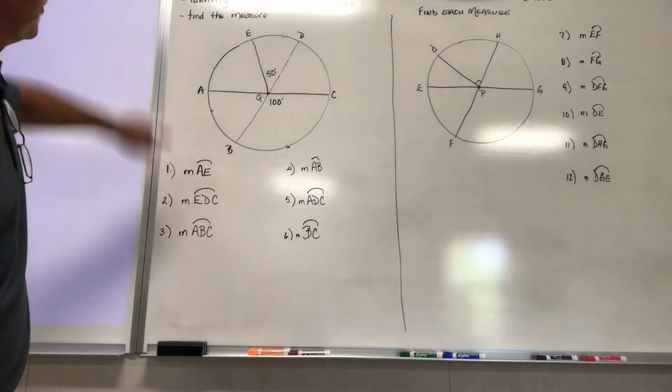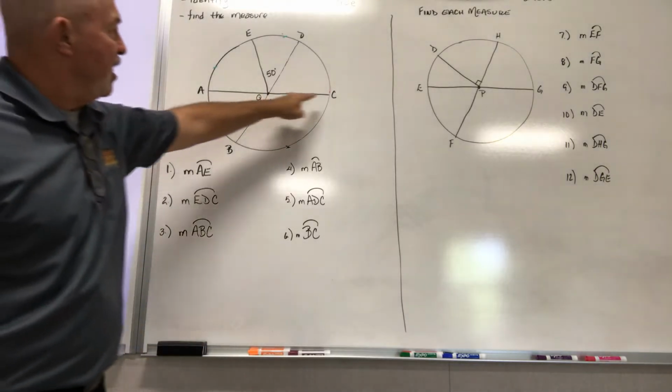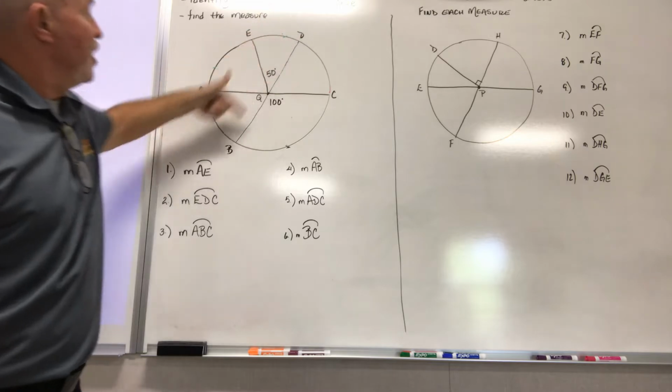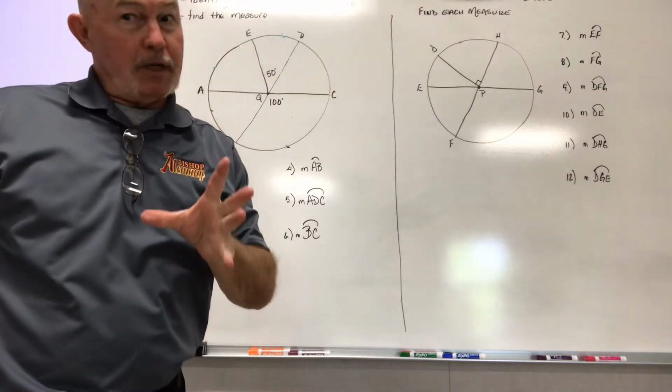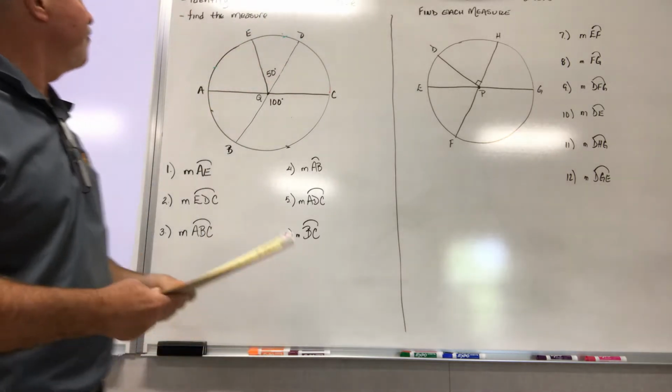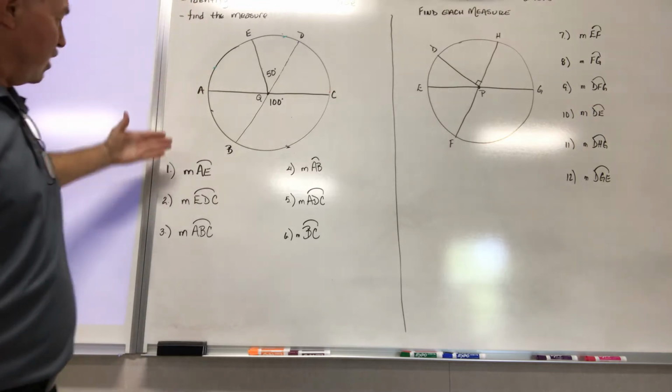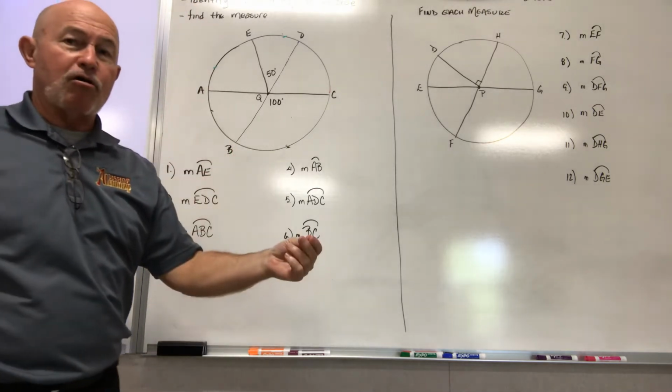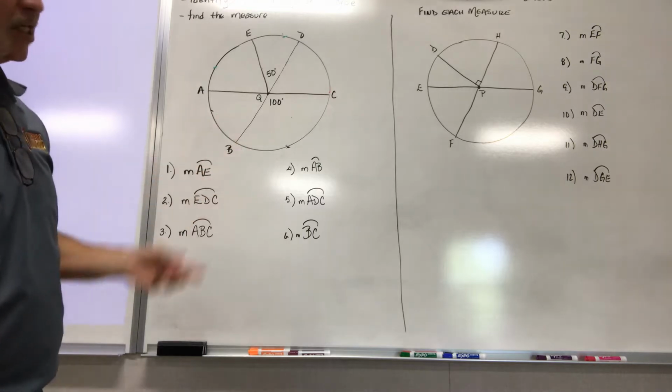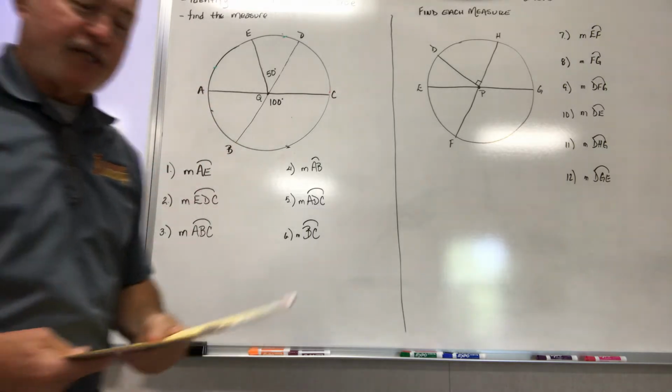The directions here, which you can't see, AC and DB are diameters. Important to know because it cuts the circle in half. Identify each of these as a minor arc, a major arc, or a semicircle, and find the measure.